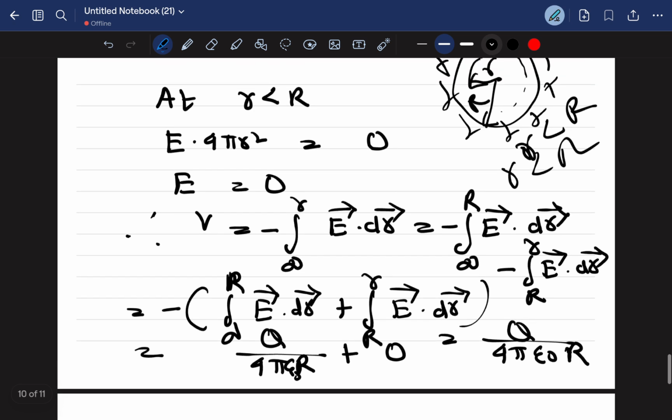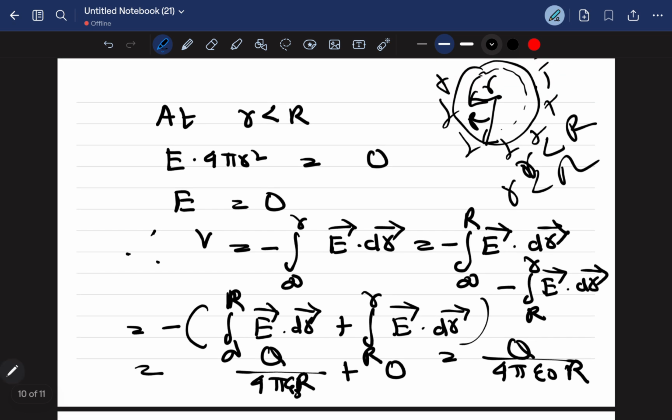At the surface of the shell there is a discontinuity of the electric field function. So we are breaking the limit of the potential integration.